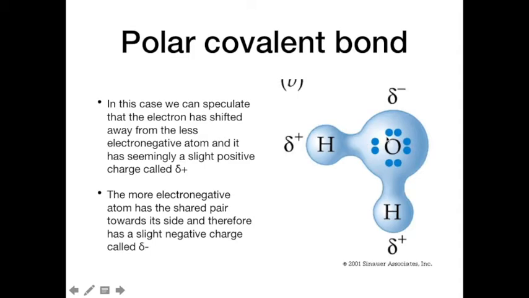It shifts away from the less electronegative towards the more electronegative. And now we've got partial charges, because since this pair has shifted towards this, a charge is created here, a negative one, and here a positive one. And this is called delta plus and delta minus.